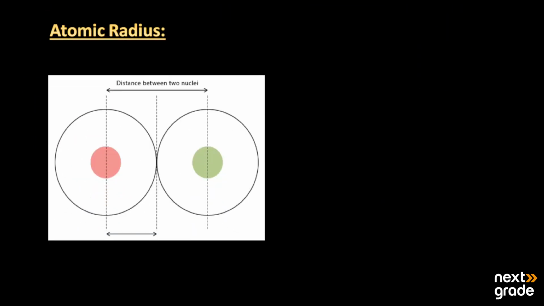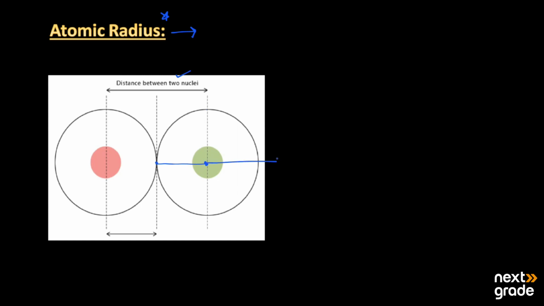Basically, the definition of atomic radius is simple. The distance between the two nuclei of the atoms, or the distance from the nucleus to the outermost shell, is known as the atomic radius, and it is half of the diameter of the atom.